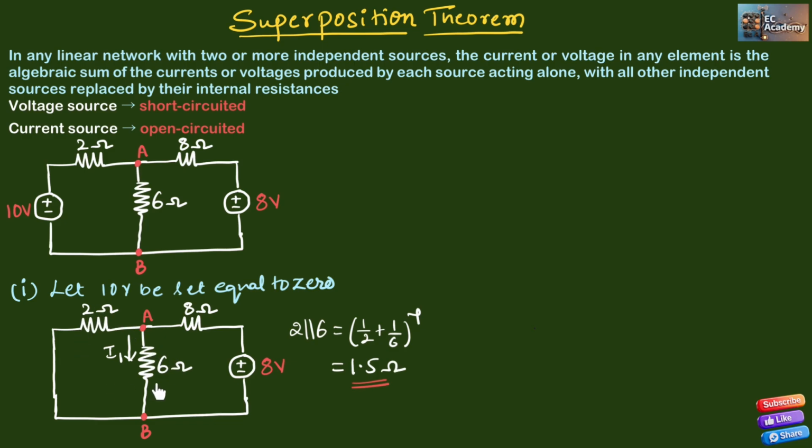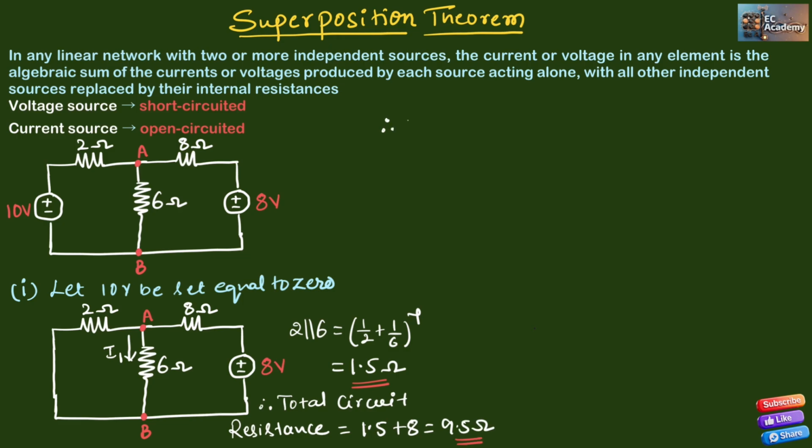This equivalent 1.5 ohm resistor will be in series with the 8 ohm resistor. Therefore, the total circuit resistance will be 1.5 ohm plus 8 ohm, that is equal to 9.5 ohm.